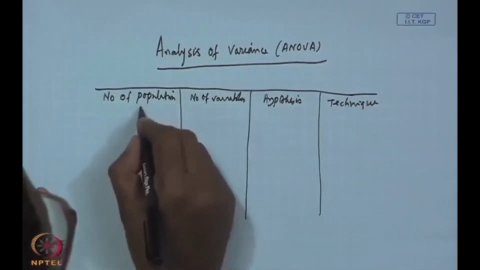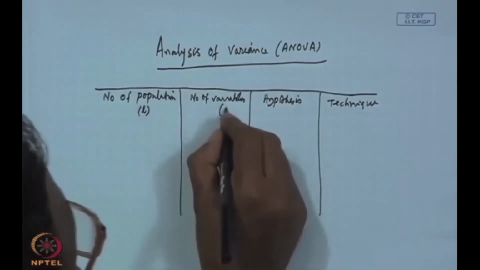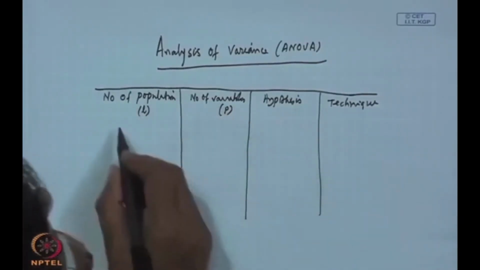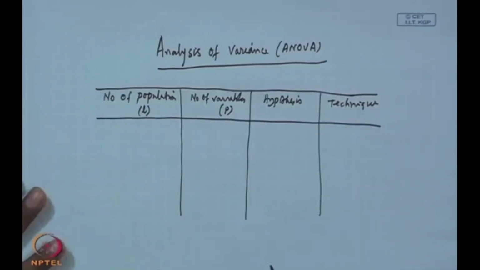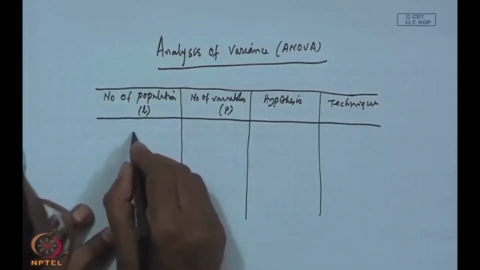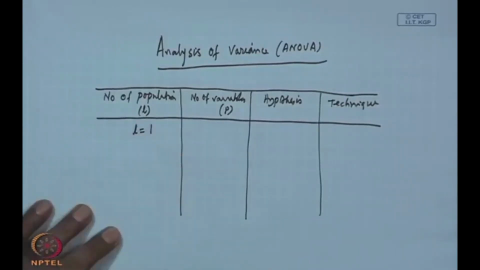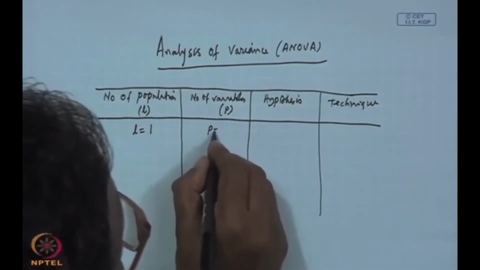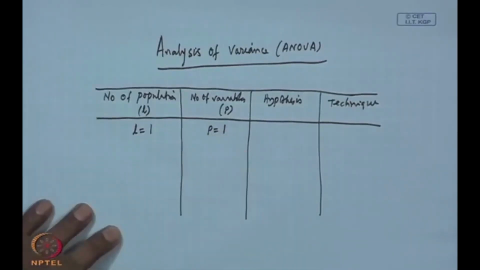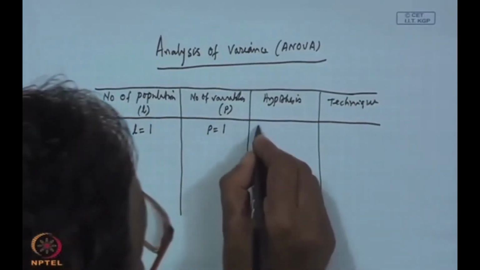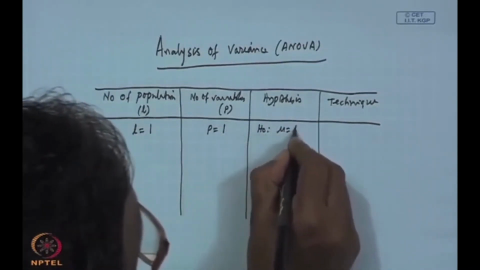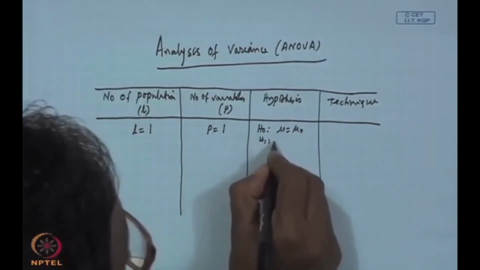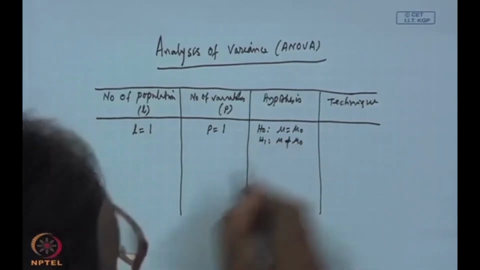Say number of populations L, number of variables P, and the hypothesis as usual. The first situation is a single population, L equal to 1. Suppose the number of variables is also 1, P equal to 1. What do we do in hypothesis testing? We test H0: mu equal to mu 0 and H1: mu not equal to mu 0.